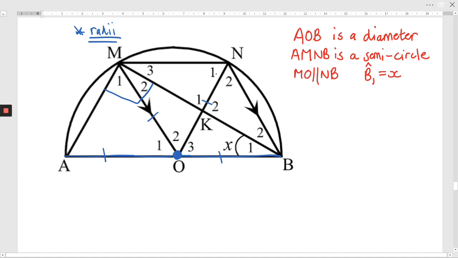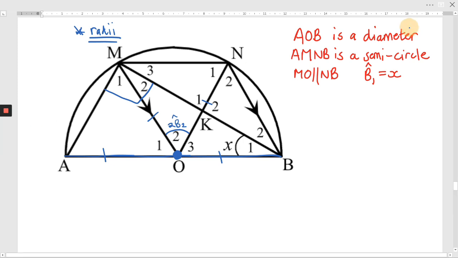Are there any of those? Okay, MN seems to be making an angle at the center. And then MN also makes B2. Okay, so that means this is two B2s. I'm probably going to replace that with something later.